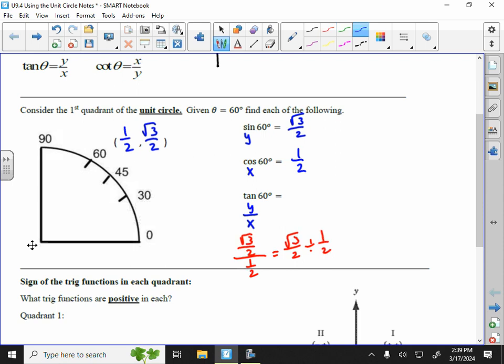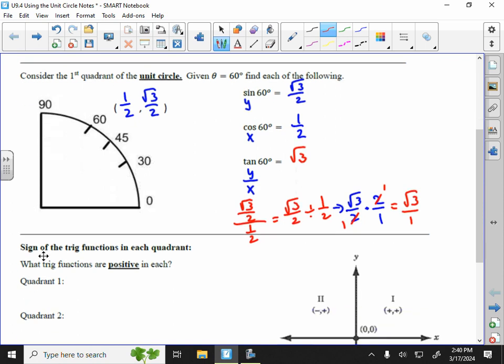So that would be root 3 over 2 divided by 1/2, which is root 3 over 2 times the reciprocal, 2 over 1. Now we can cross cancel because multiplication allows us to do this, dividing by 2. Now if we multiply across, we get root 3 over 1, or just root 3. So the tangent of 60 degrees is just radical 3.